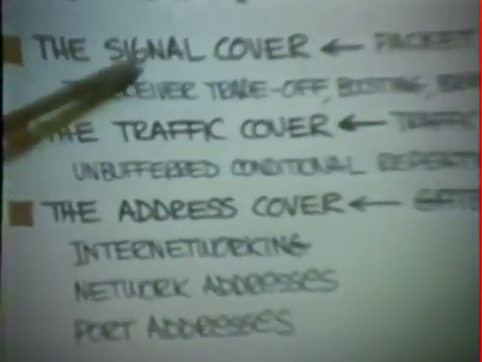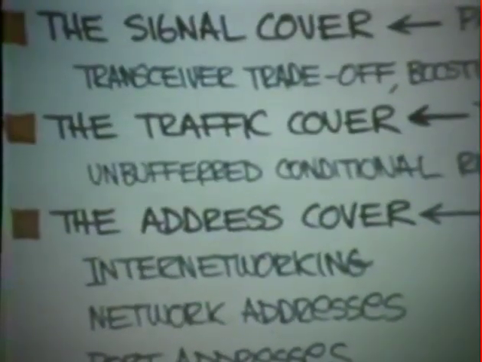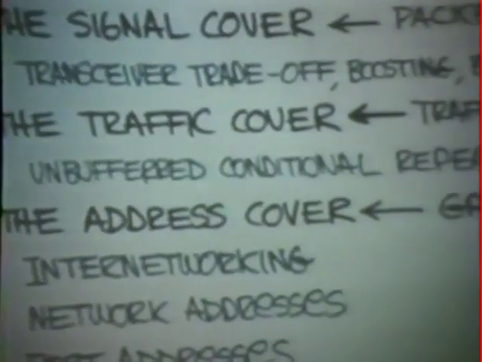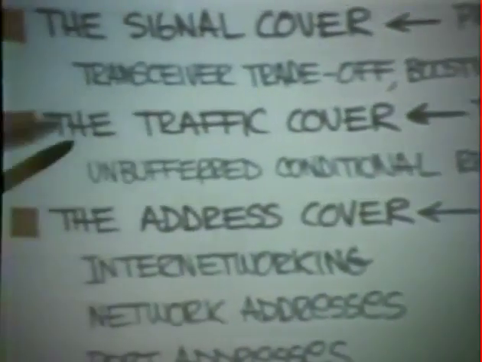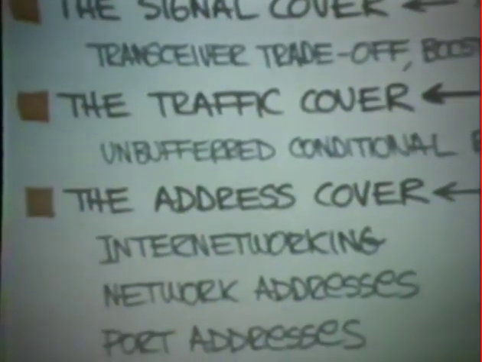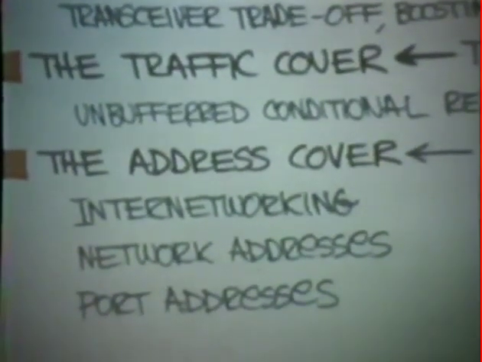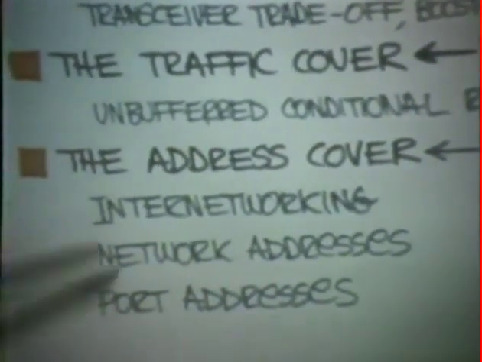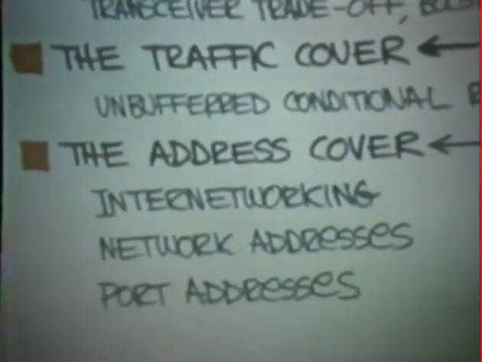You can then concatenate cables and use repeaters to regenerate signals, but eventually you'll have too much traffic in the cable so that the communicating stations are not getting sufficient access to the cable. This can be accomplished by building more than one Ethernet and putting traffic filters between them. A third way in which an Ethernet can be overgrown is by attempting to put more than 256 stations on a single Ethernet.